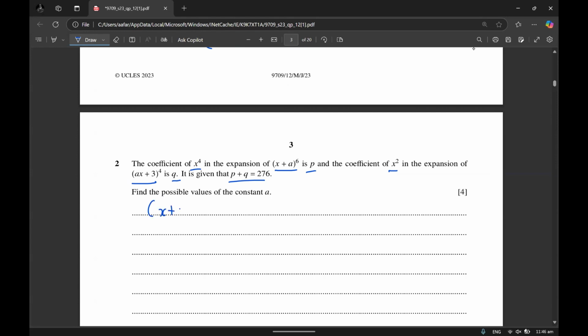We look at the expression (x plus a) power 6. Since it's the first term, it has the power of 6 minus r. Like if you say 6C1, then x becomes 6 minus 1 and then a will be 1. So that is r, right? 6Cr x power 6 minus r.